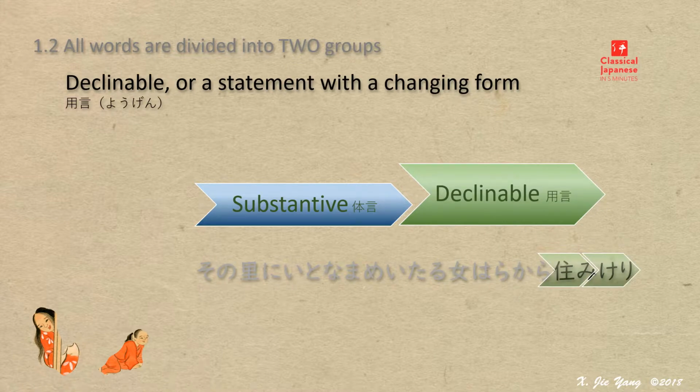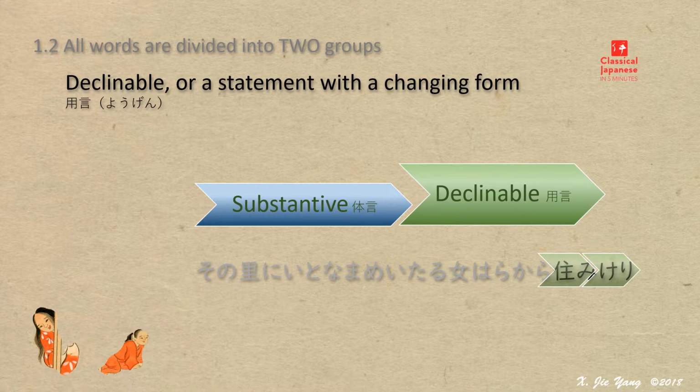The basic intention for those two groups is that so-called declinable are those words that change. They have a different ending. They have their own conjugation.